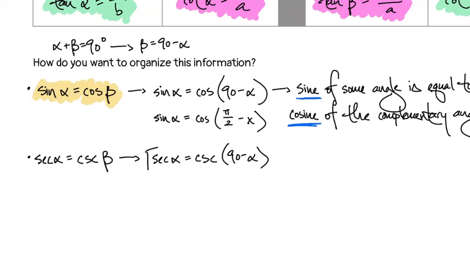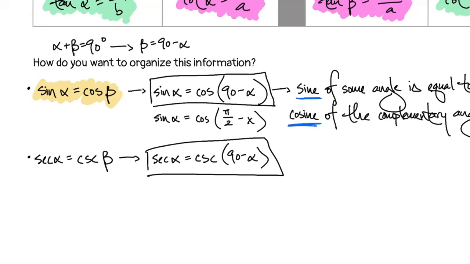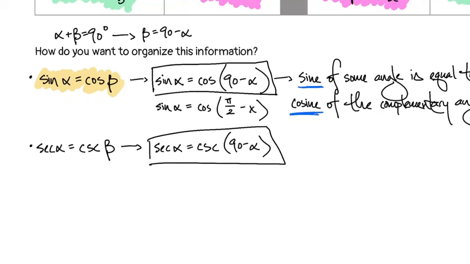And let's put a box around this. This is a co-function identity. It's another co-function identity. So we have sine and cosine go together. Secant and cosecant go together. What do you think is one more co-function identity?